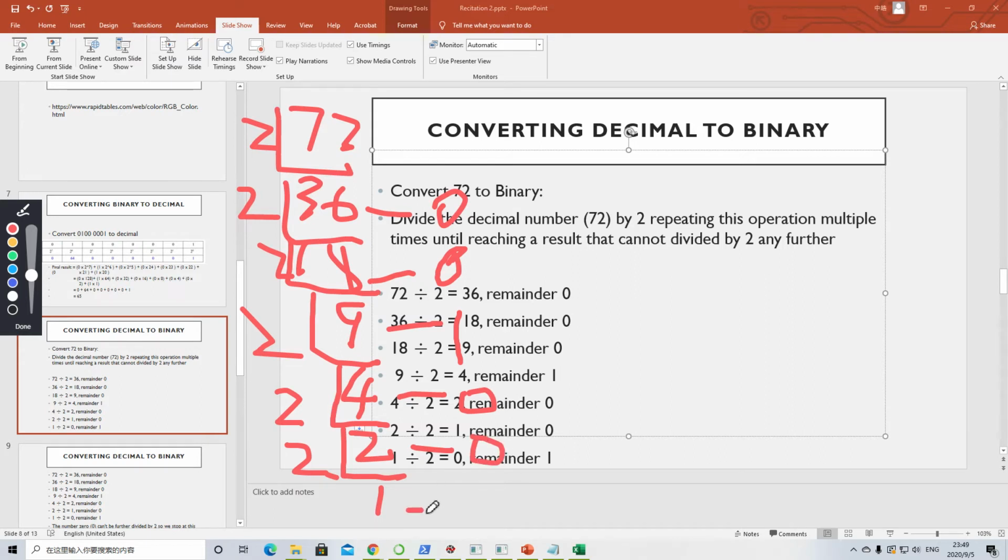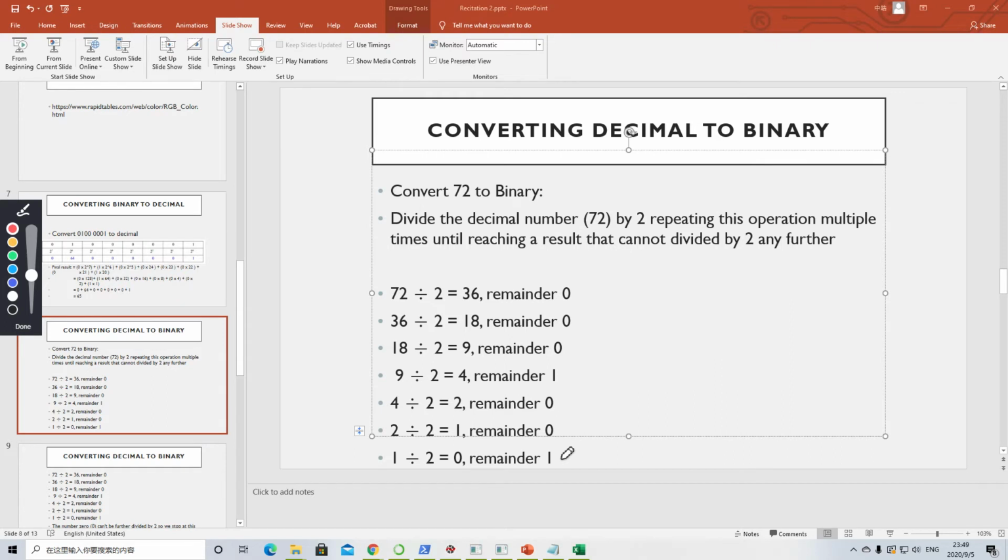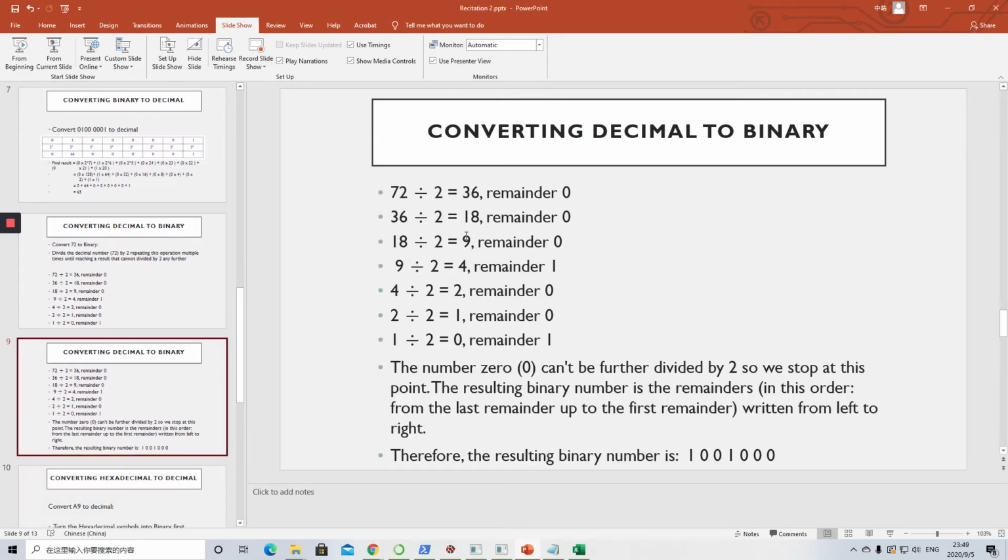So we start from the bottom to the top, which is 1 0 0 1 0 0 0. Oh, we have another 0 on the top. Okay, so you get the idea.